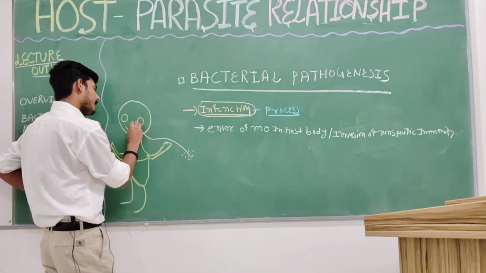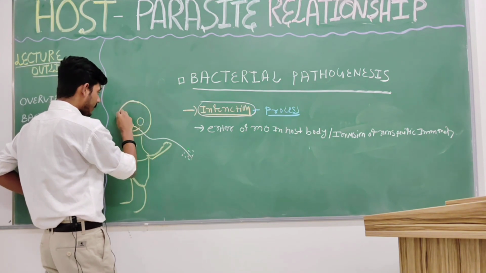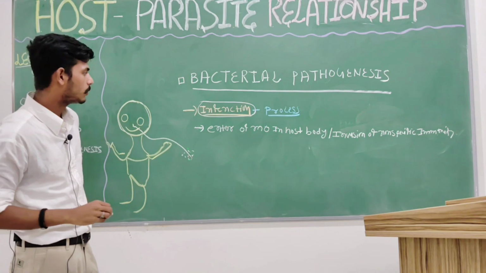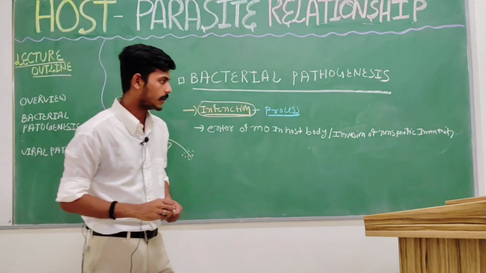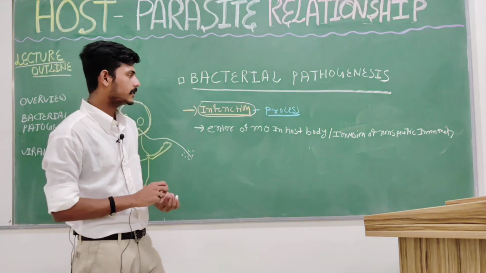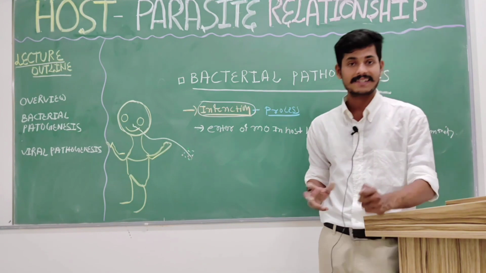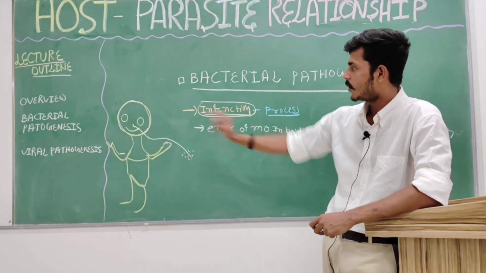So this person comes in contact with the bacteria. So the first thing is the entry of the microorganism in the host body, and it has to evade, escape or avoid the non-specific immunity of the host.